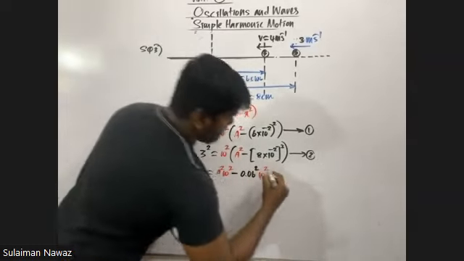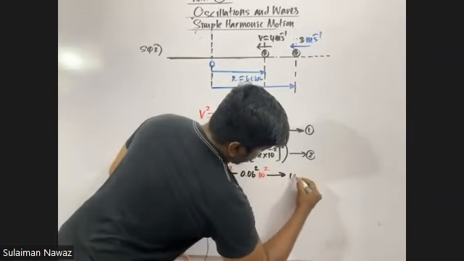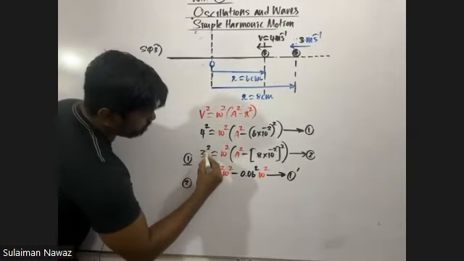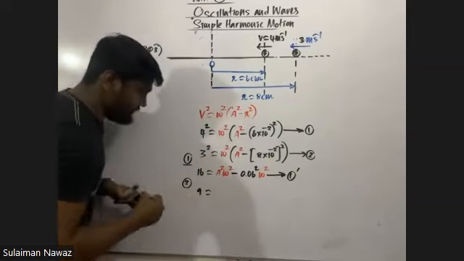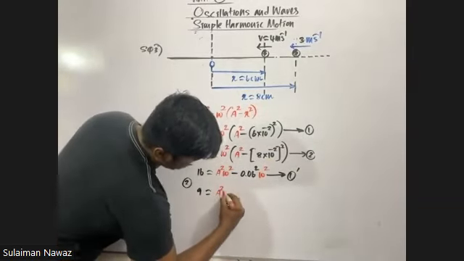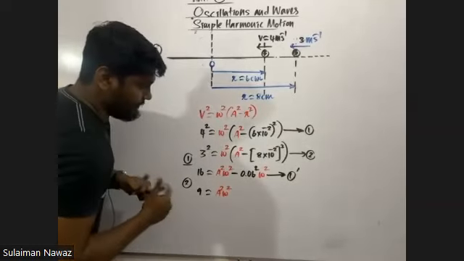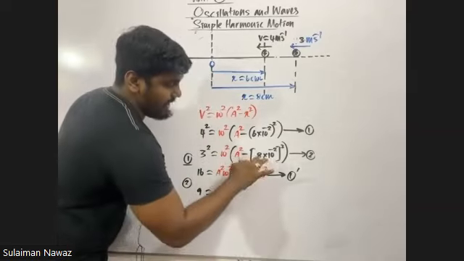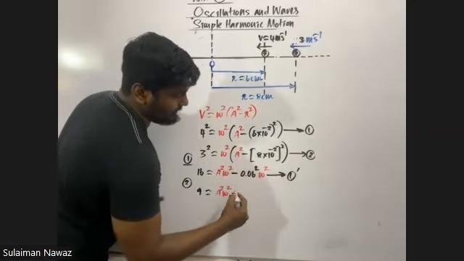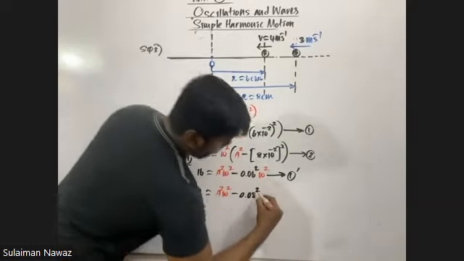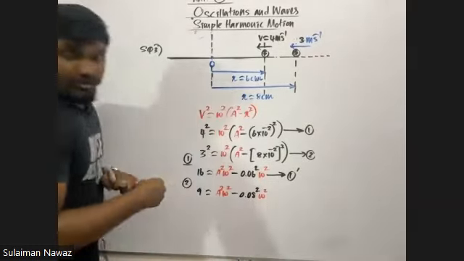I see this as my equation 1 dash. Very similar from my equation 2, 3 squared means 9, 9 equals A squared omega squared inside the bracket, sorry, A squared omega squared minus 8 minus 2 means 0.08 whole squared, 0.08 whole squared omega squared, equation 2 dash.